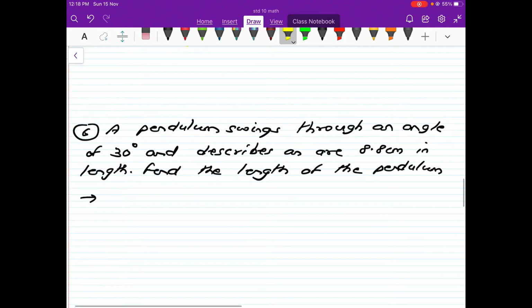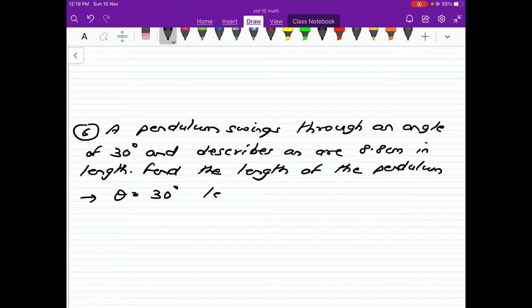Now moving to the sixth sum. A pendulum swings through an angle of 30 degrees. Pendulum is of a clock, and that pendulum is nothing but the radius of the circle. So it describes an arc 8.8 centimeters in length. We have to find the length of the pendulum. Length of the pendulum is nothing but the radius. So theta is equal to 30 degrees.